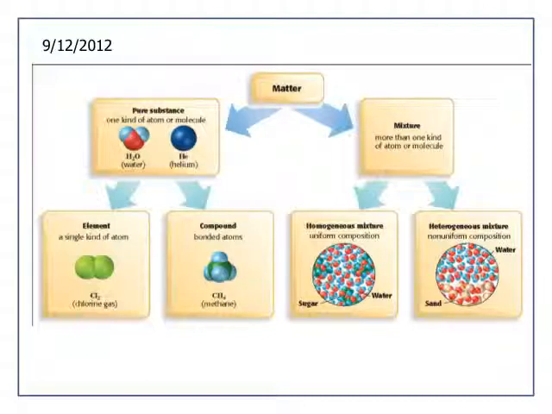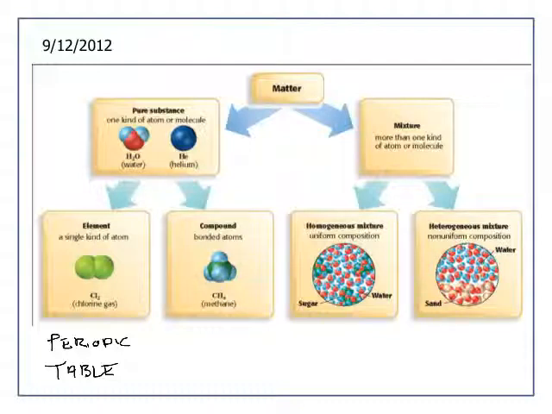So lastly, before I go on, I'll just add a few other examples to our list here. Elements are easy. They're anything off the periodic table. So if it's on the periodic table, it is an element. Compounds are going to be composed of more than one thing off the periodic table.